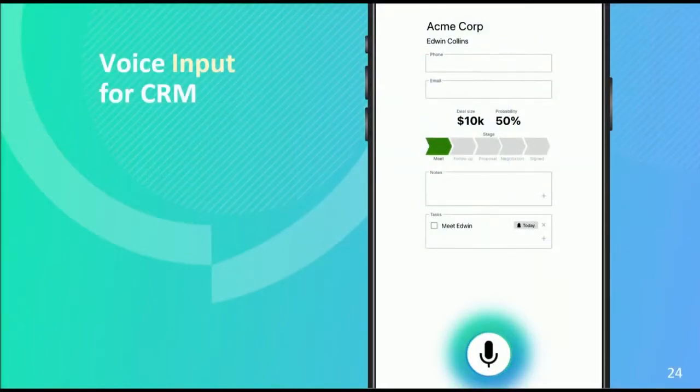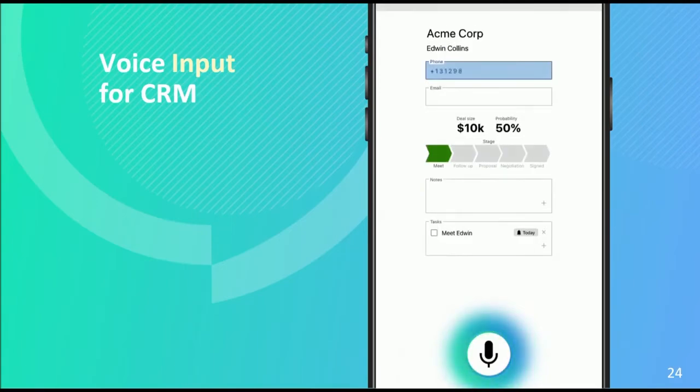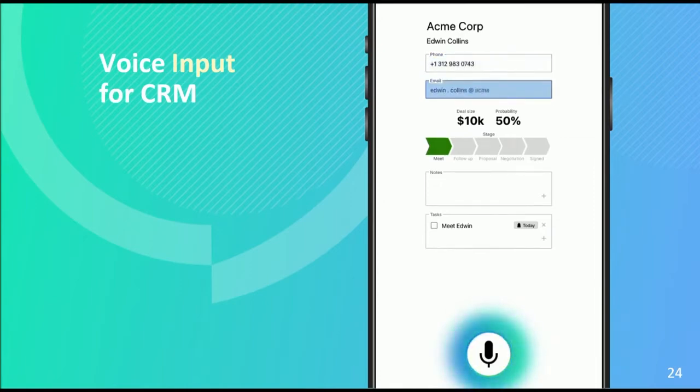Phone +1 312 983-0743. Email edwin.collins@acme.com. Deal size 60 kilos. Probability 70%. Set stage to proposal. Notes: Edwin was very interested in our solution for the web.